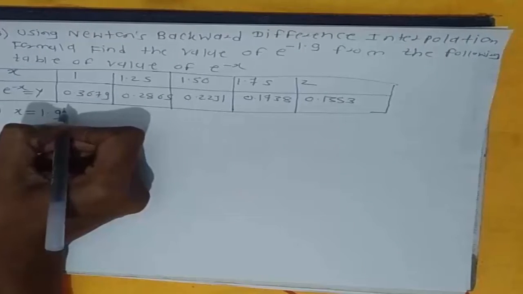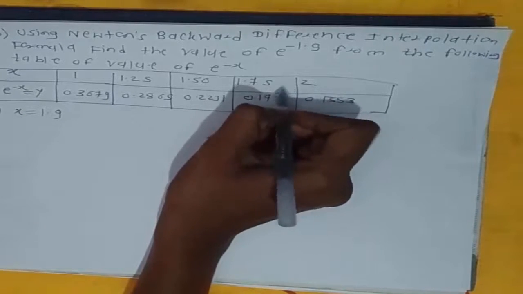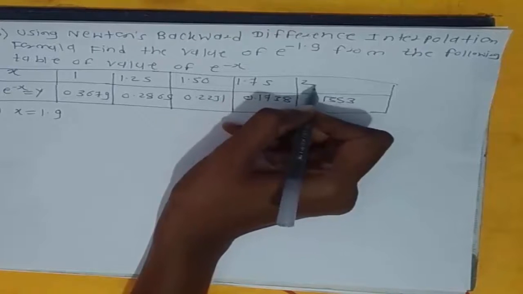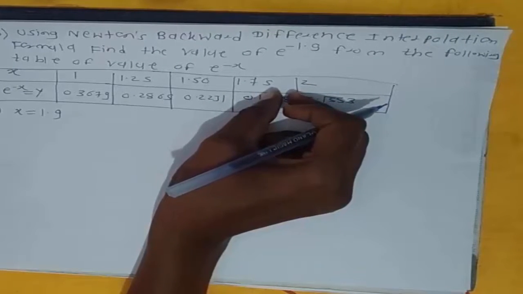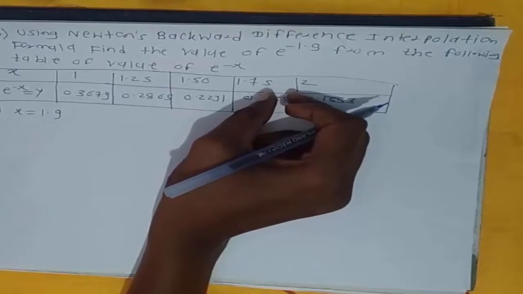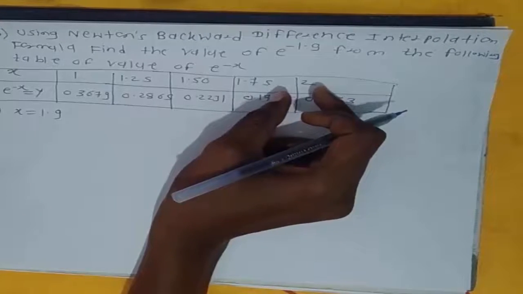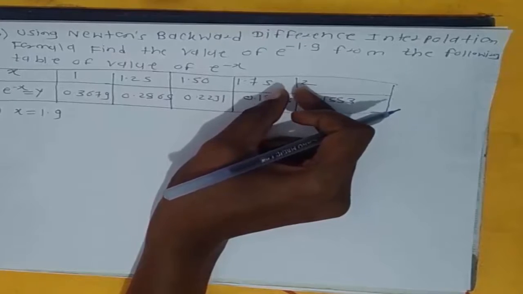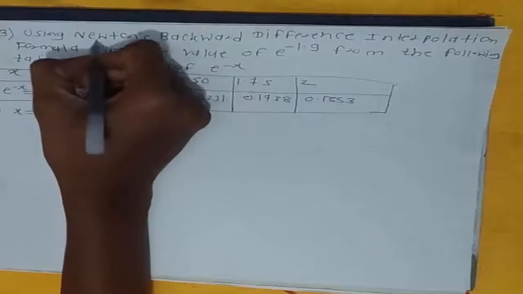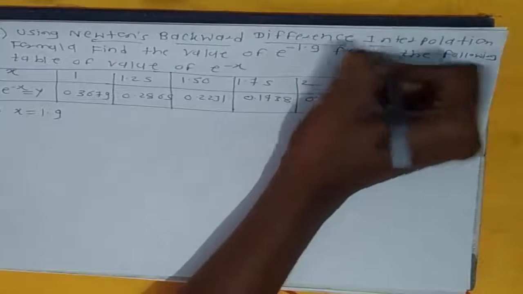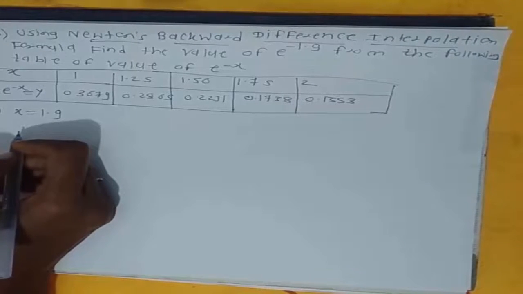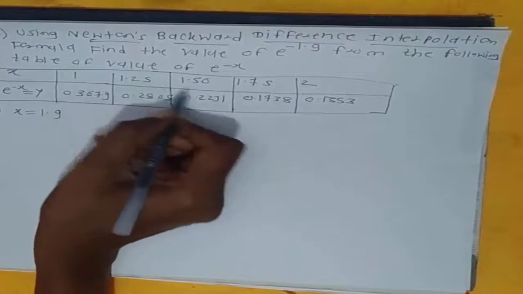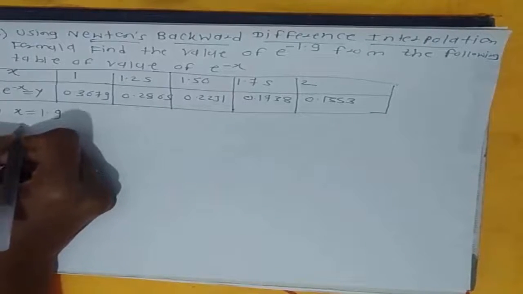The value x equals 1.9 lies between 1.75 and 2, near the end of the tabular values of x. So we use Newton's backward difference interpolation formula, and also the values of x are equally spaced by the difference h.